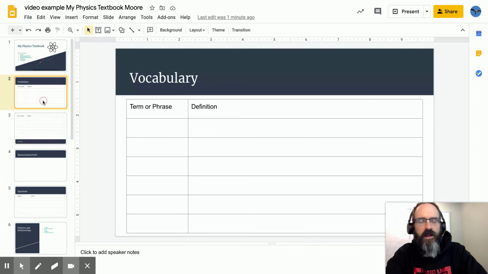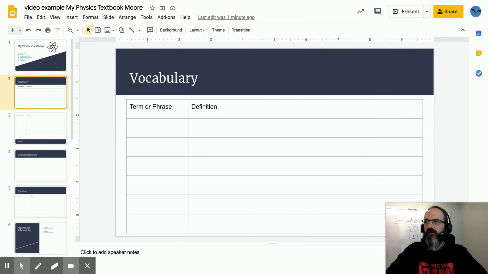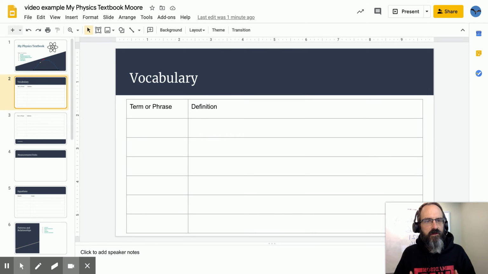All I added was, first we did a reading about scalars and vectors and the difference between speed and velocity. And then I asked everybody, well, what are some of the terms that came up that we could use as vocabulary terms for our notebook here?